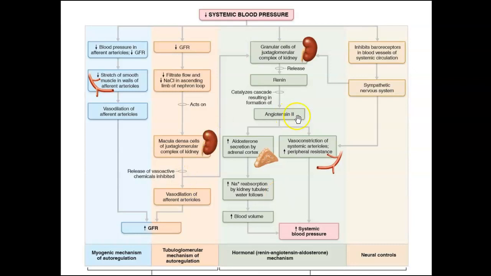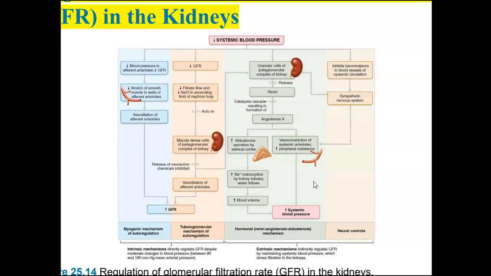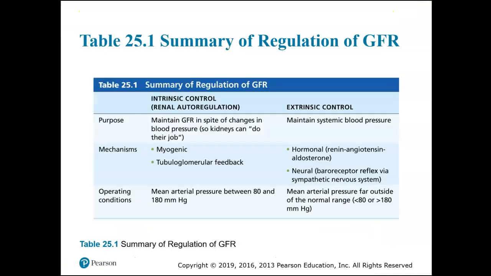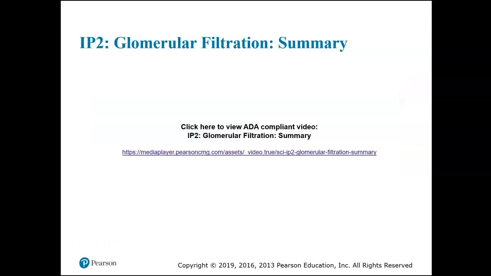The other thing angiotensin II does is it leads to vasoconstriction of systemic arterioles. Systemic means all over the body, and so you're going to raise blood pressure that way. So that is the renin-angiotensin-aldosterone system, which is designed to raise the blood pressure when it's too low.